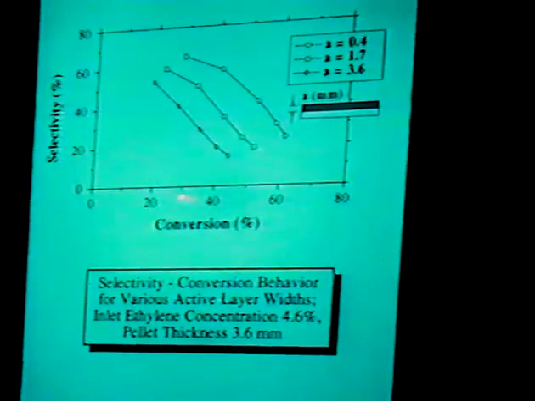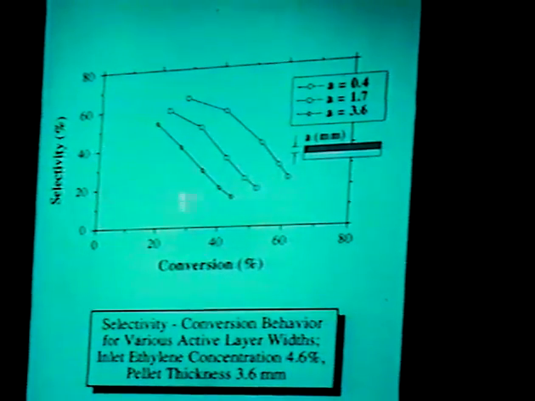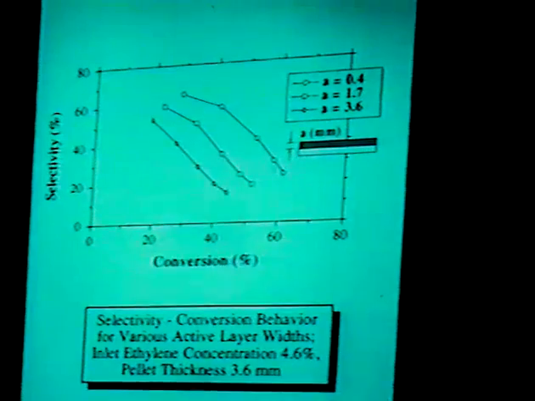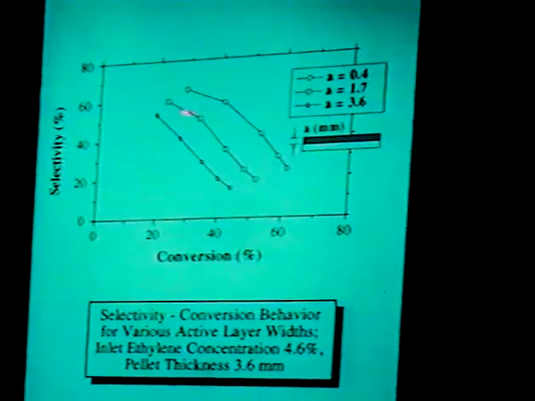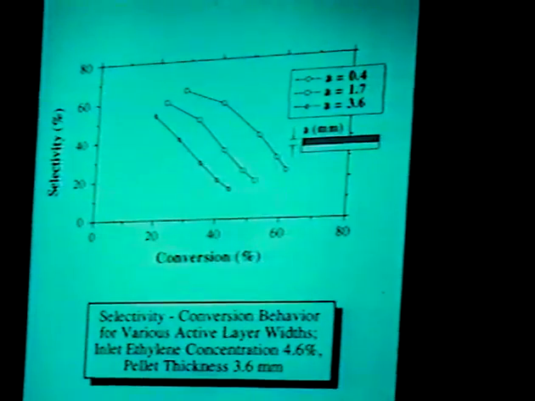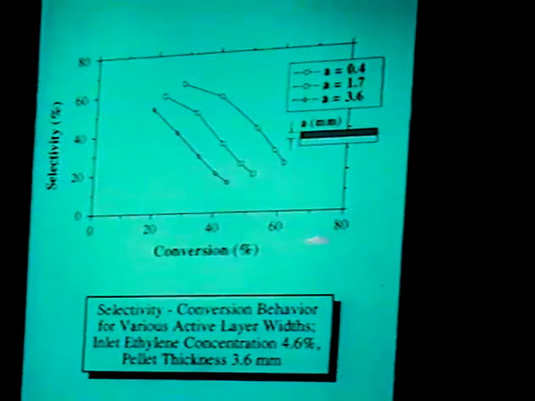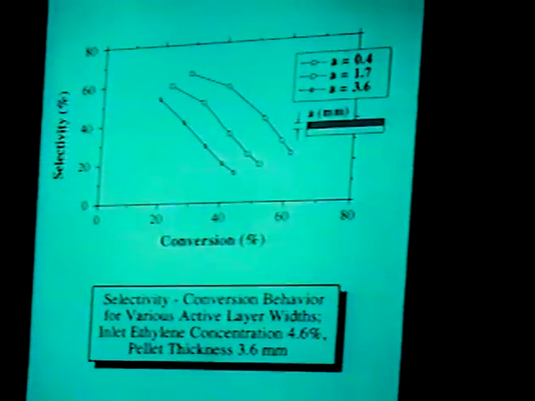And these improvements that one is seeing in catalyst performance are non-trivial, and I wish to emphasize this. If you take, for example, a 30% conversion, then you can have it with a uniform catalyst at a selectivity of about 40%. Or at the same 30% conversion, you could get a selectivity of around 70%.